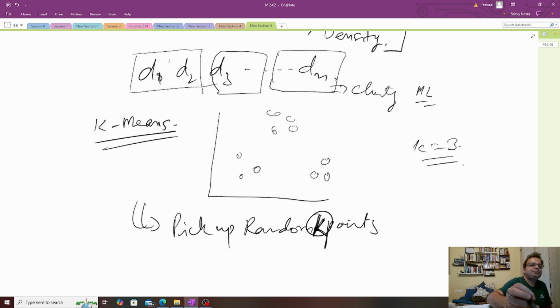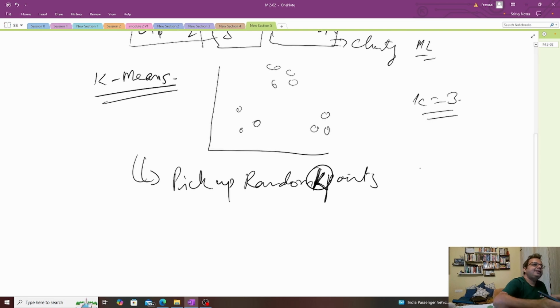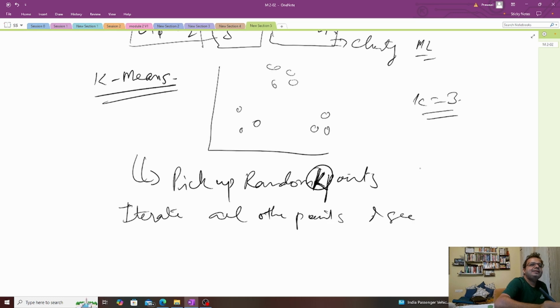So you picked up 3 points, and then you iterate over all other points one by one and see which k point, or let's call these k points your core points, is nearest.